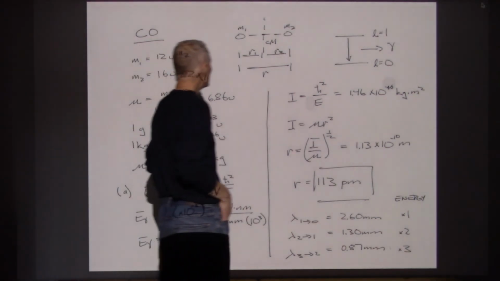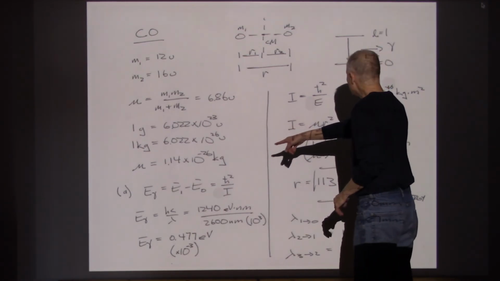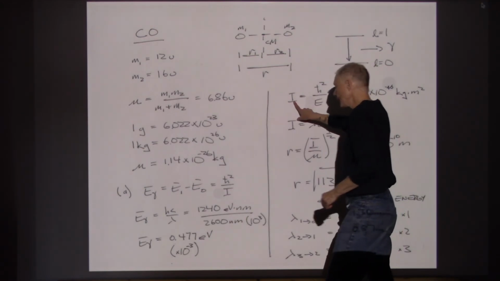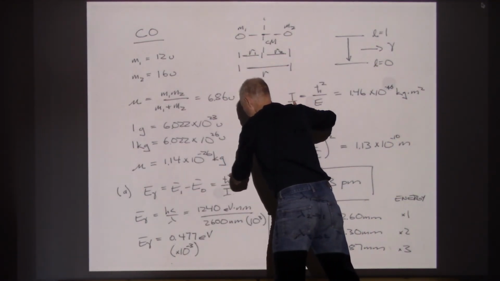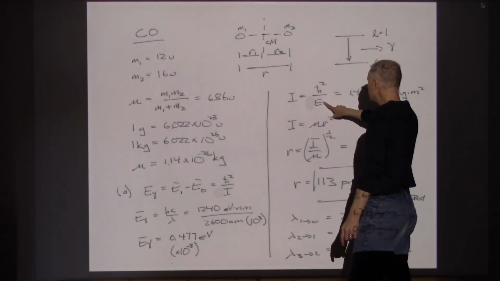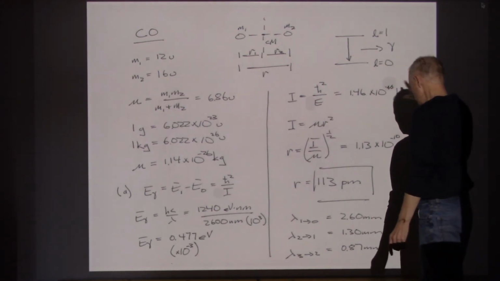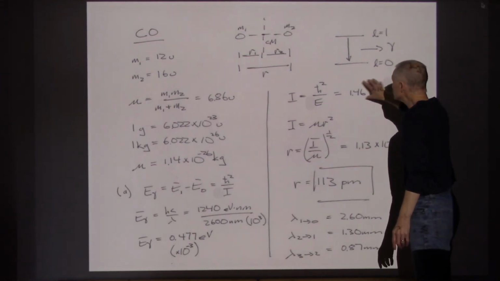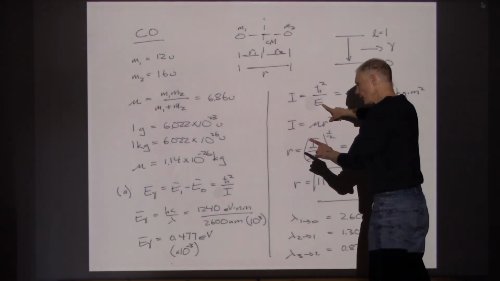Now, what I can do is I can take my energy formula right here and say that I can be calculated in terms of h bar squared divided by the energy of the photons. So I can put in values for h bar. Okay, so I kind of threw it all into one step. So this includes h bar squared divided by the energy.